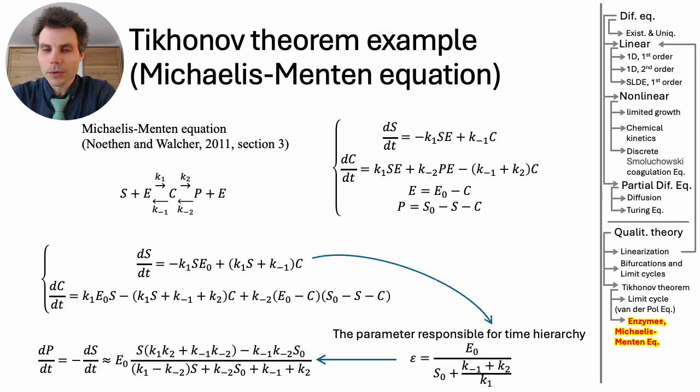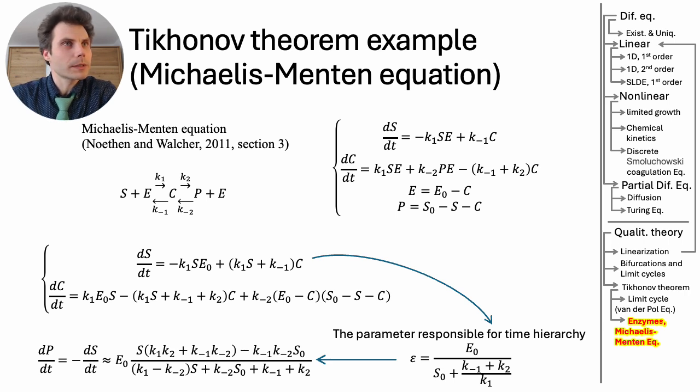Look, there is one more example of how to use Tikhonov's theorem applied to biology, and that's the so-called Michaelis-Menten equation, the equation of enzymatic kinetics.